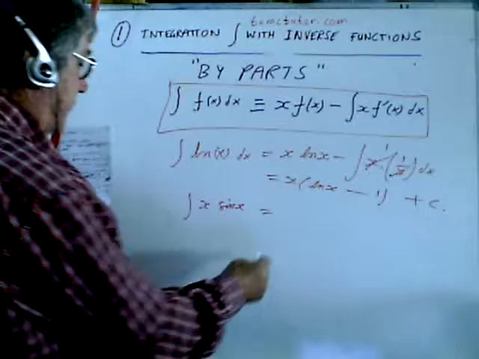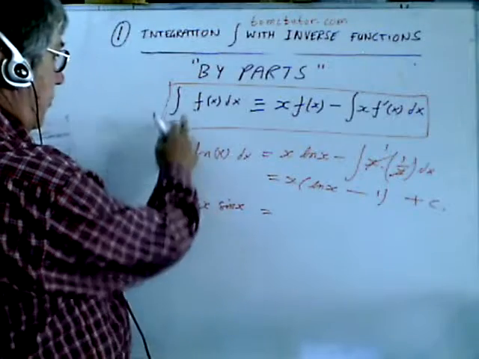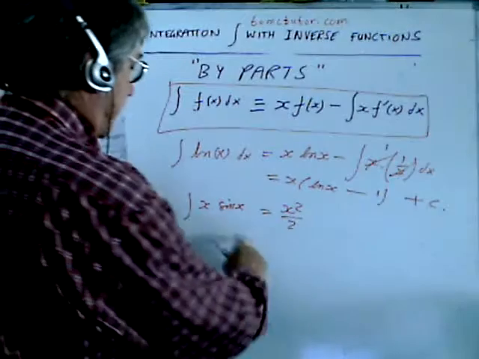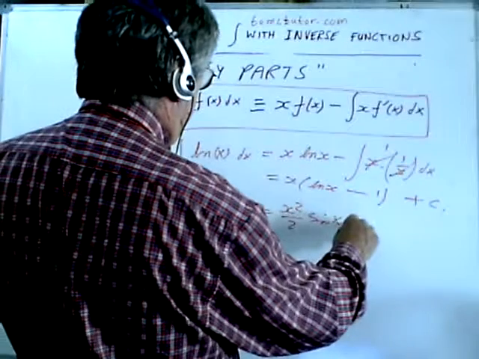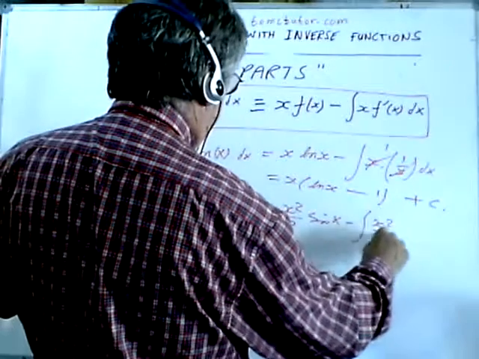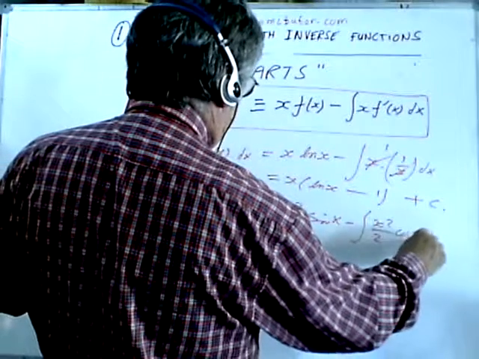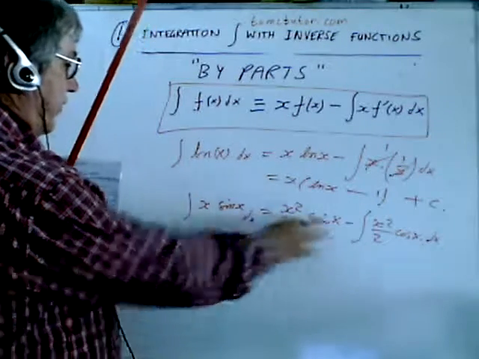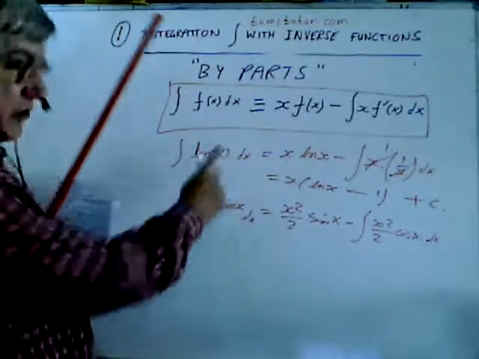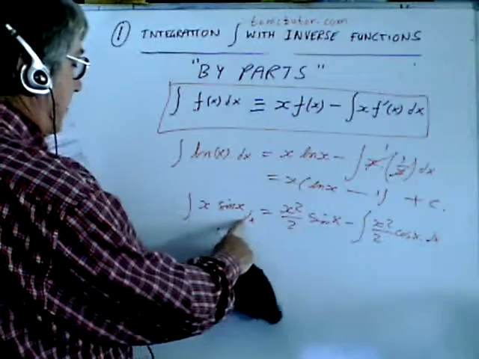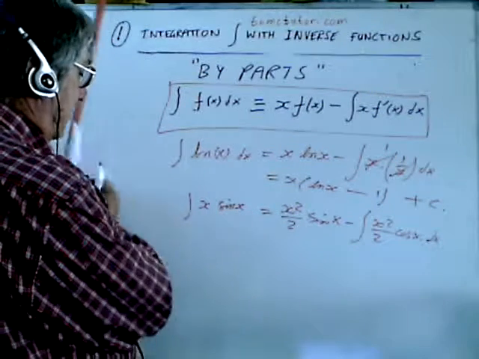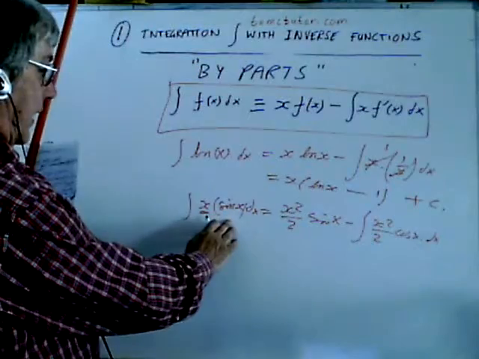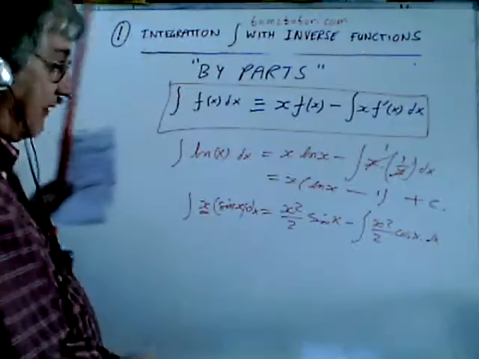You can do it by parts in that as well, because we go from 1 to x here, we can go from x to x squared upon 2, and sine of x minus the integral of x squared over 2 times cos x dx, etc. Just a very rough example of what I mean. So different variations of this. That's more likely the way you would see it. You would see an x in front. So if you see an x with another sort of function, by parts is the way to go.